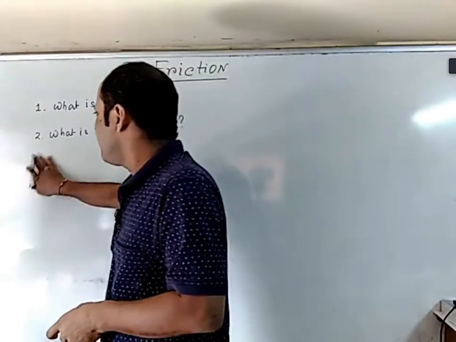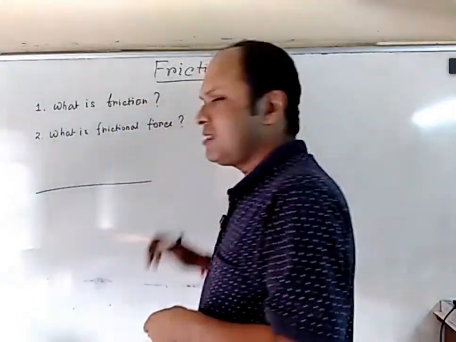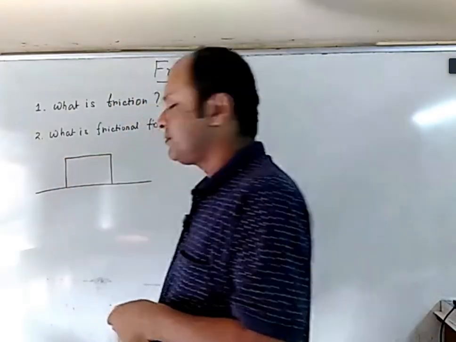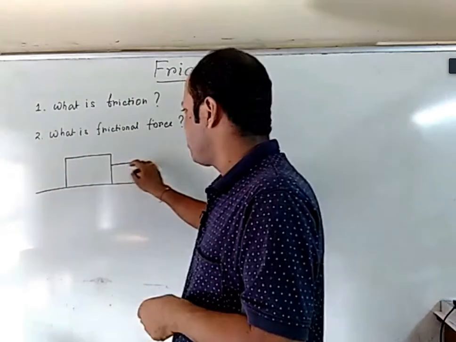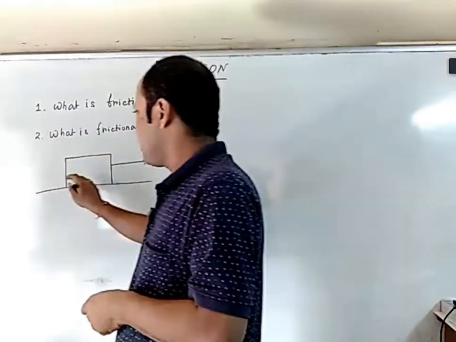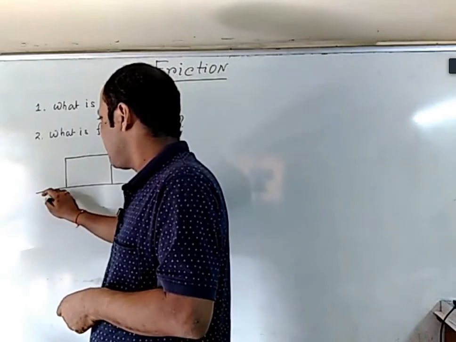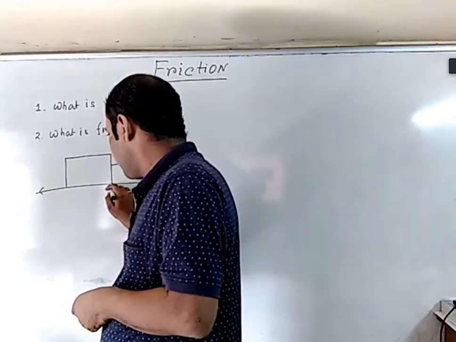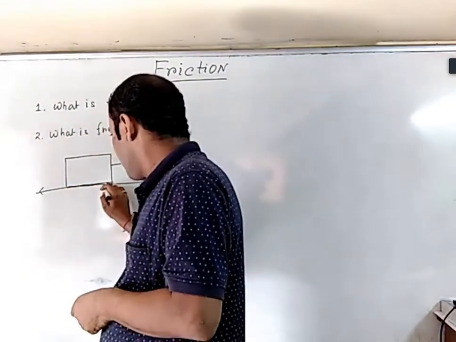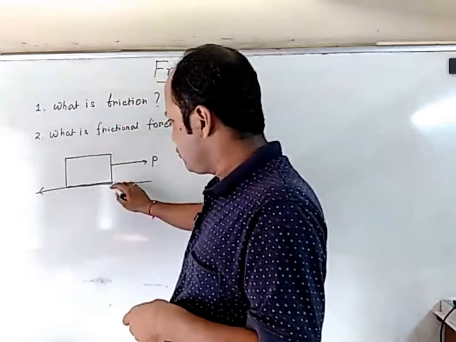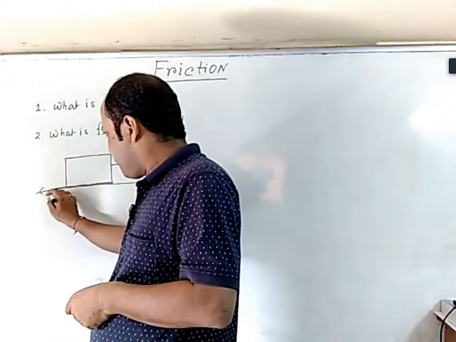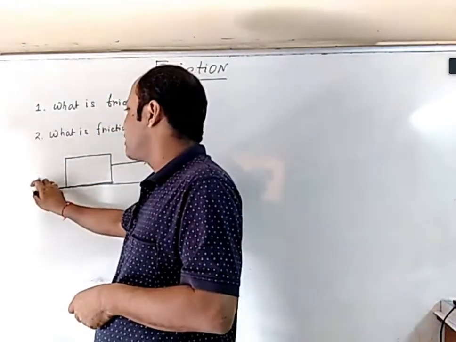That means if you have one surface and an object is lying on it, and you are trying to move it in the forward direction, then along the two surfaces in contact, there will be a force acting in the opposite direction.